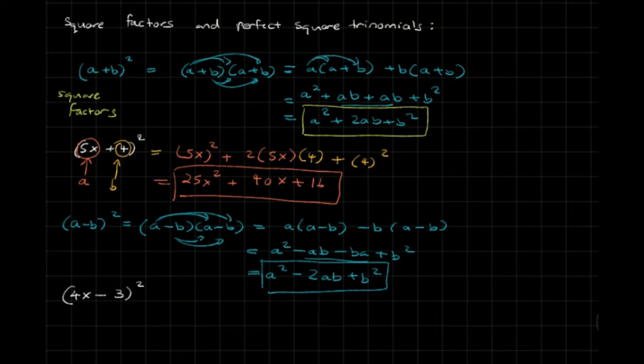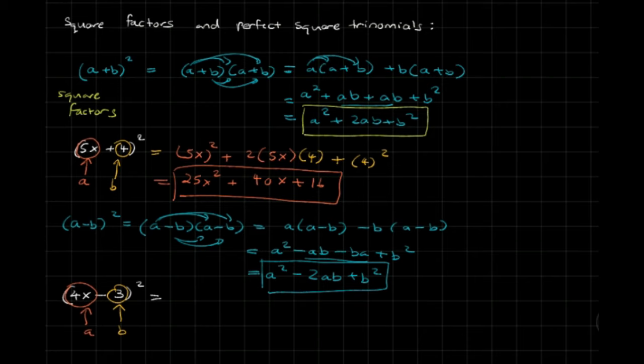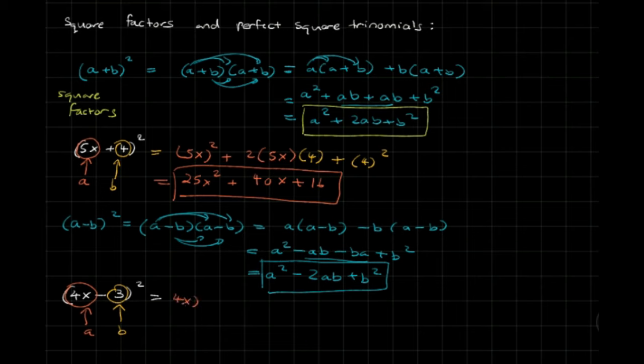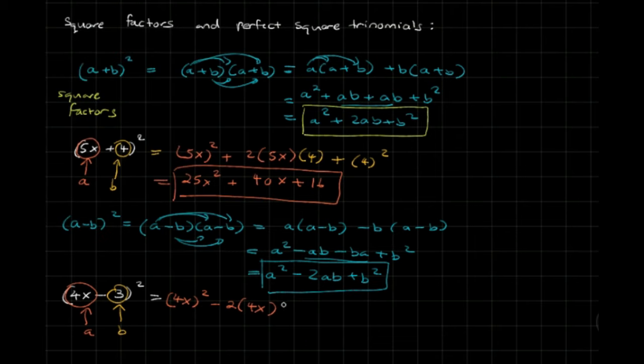And we wanted to expand this. We can use this template where we make the term furthest to the left a, and the term furthest to the right b. So this is b, right? And if we want to expand this, we do a squared, which is 4x squared, we subtract, this time we're doing minus 2ab, so minus 2 times a, which is 4x, times b, which is 3, plus b squared.